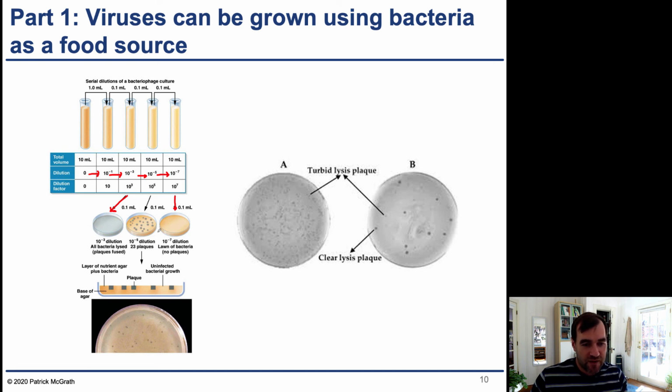You put it on this plate, and the bacteria is able to live, except for those 23 individuals that have been infected. Those individuals die, they lyse, and they release particles, and those particles move a little further away and find any bacteria next to them. This process goes on until the viruses are able to create what's called a plaque.